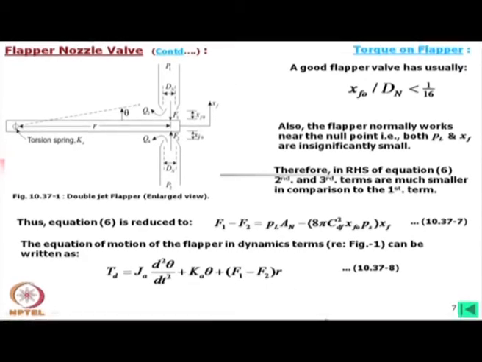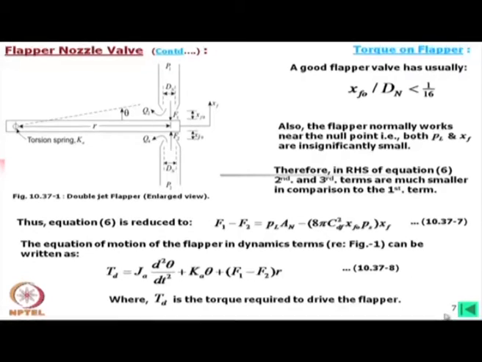Now, here I would say that this flapper may also deflect. Okay. While we are calculating this torque, we do not care about that, but while we are calculating the motion of theta and trying to relate it to xf0, we have to be careful about that.